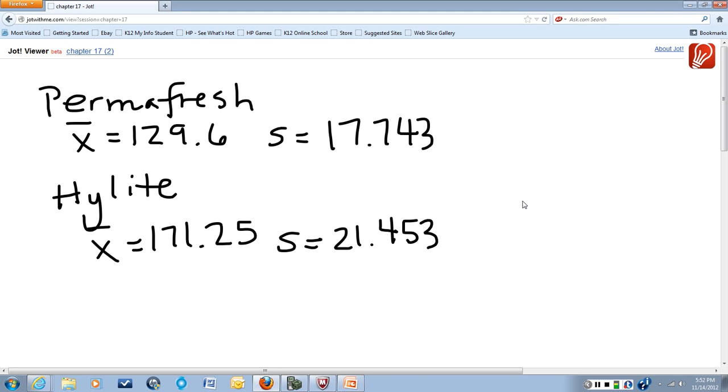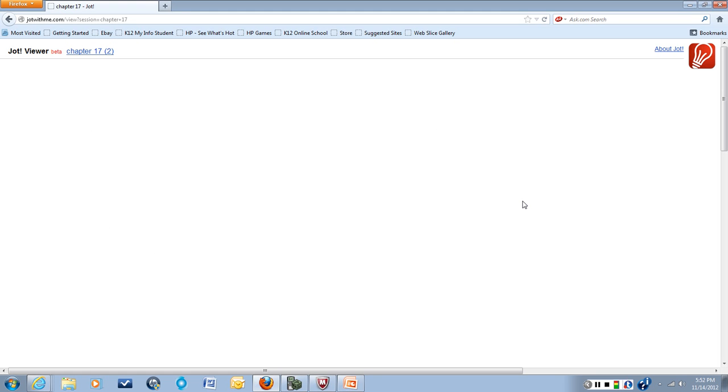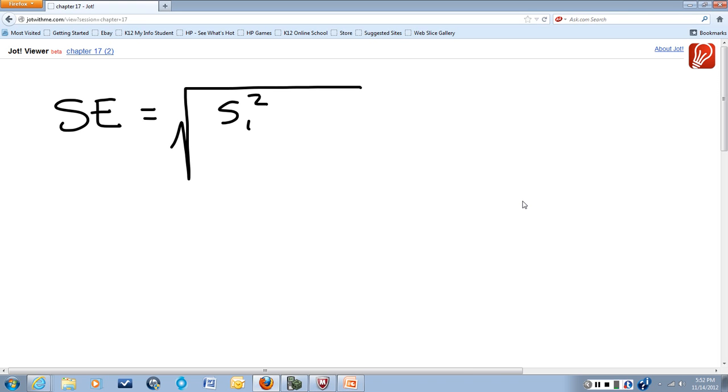The next part of the problem is asking me to find the standard error. And the formula for standard error is the square root of S1 squared over N1 plus S2 squared over N2. And what do we have for those values?